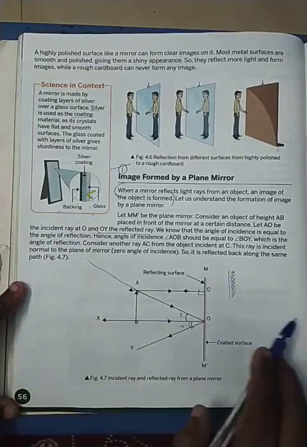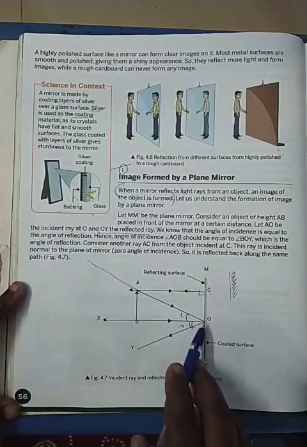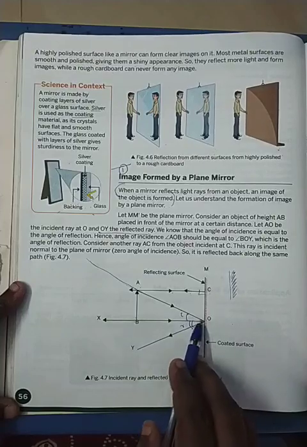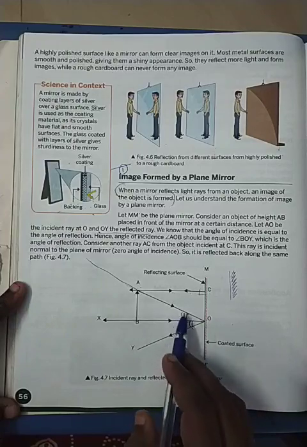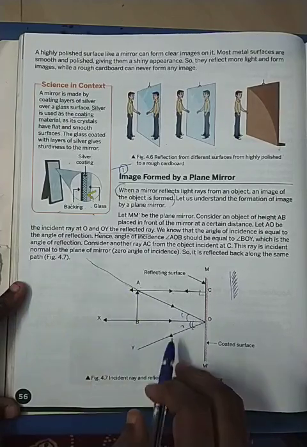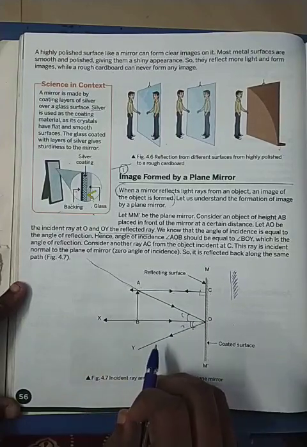There will be many rays, but we will only consider the first ray, which is passing through A. It will strike the point O, and then come out. That is the reflected ray. Now this angle AOB will be equal to angle BOY, because that is the law of reflection.